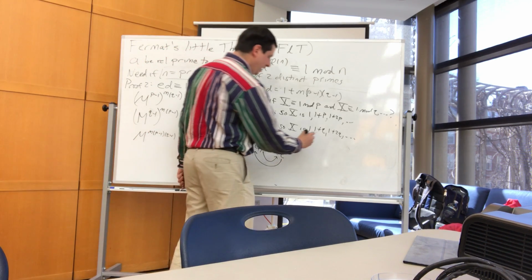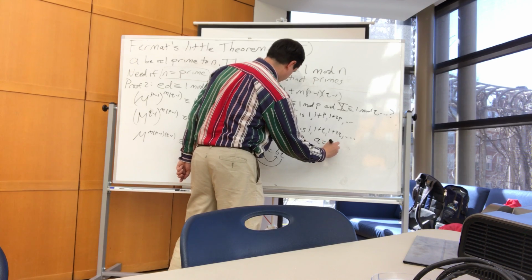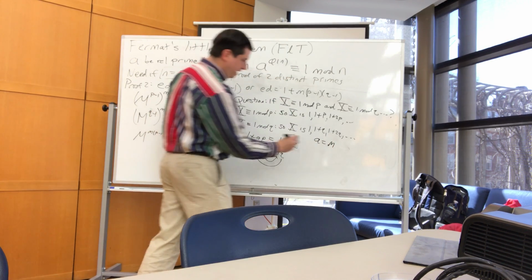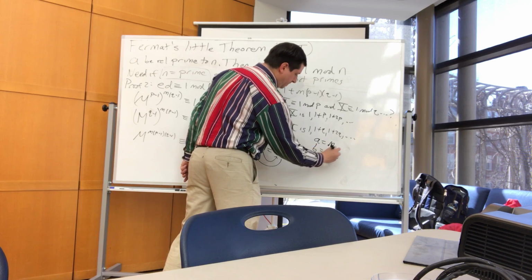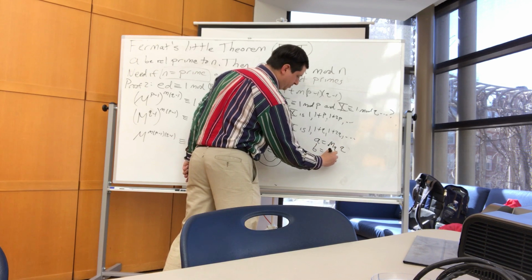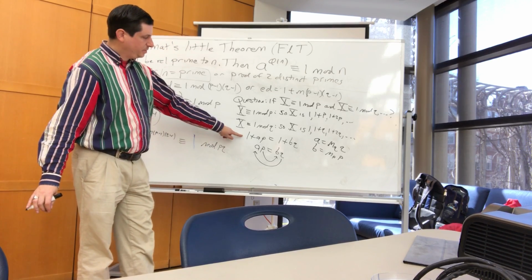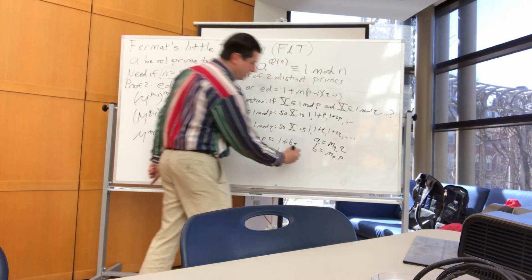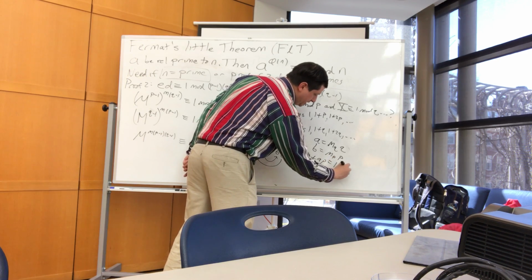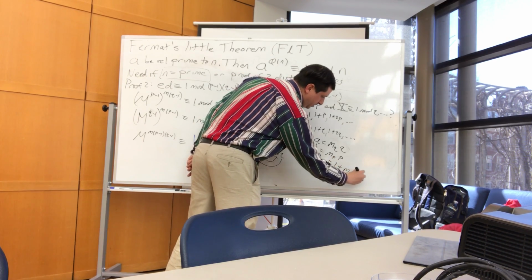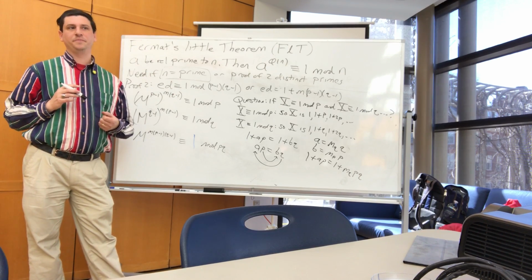So a is some multiple of q, let's call it mq, and b is some multiple of p. Since a is a multiple of q, we get 1 plus ap is equal to 1 plus mpq. And that proves that it is congruent to 1 mod pq.